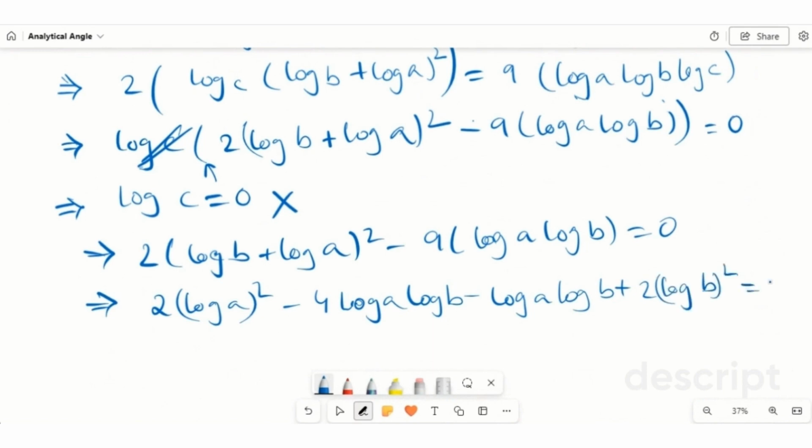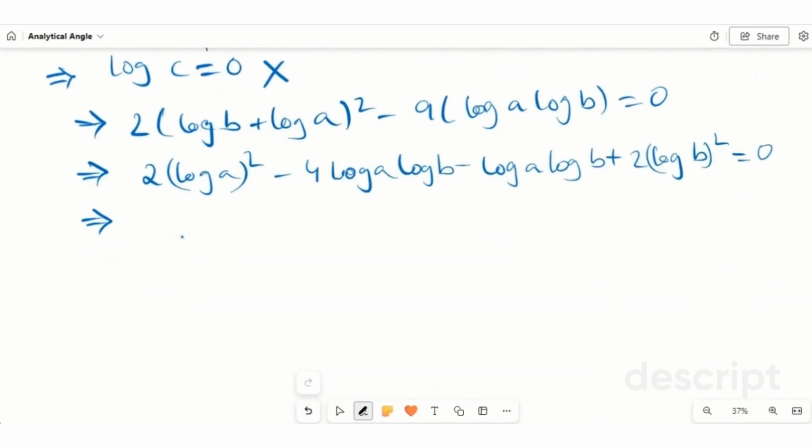And on factoring this, we get 2 log a minus log b into log a minus 2 log b is equal to 0.